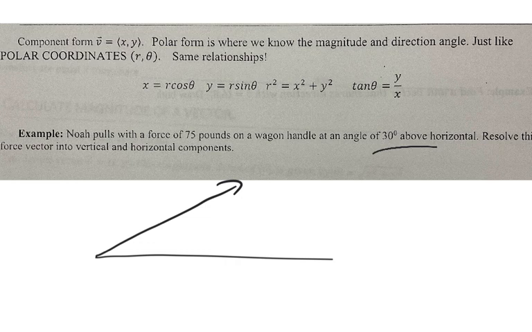If you want to draw this out, here's the wagon handle, here's my wagon. Just ignore that part, I can't draw. But just imagine, here's his hand on the handle at 30 degrees above the horizontal.